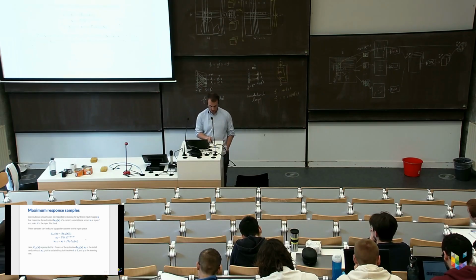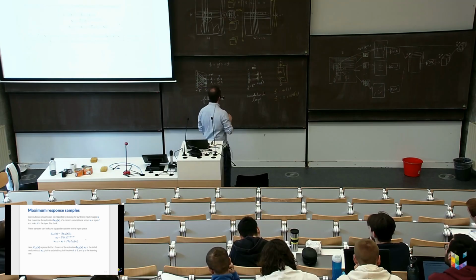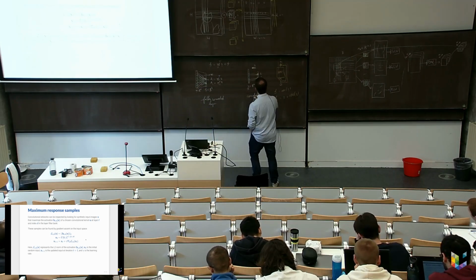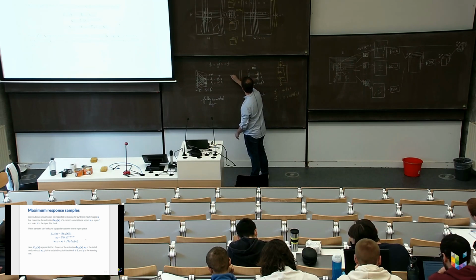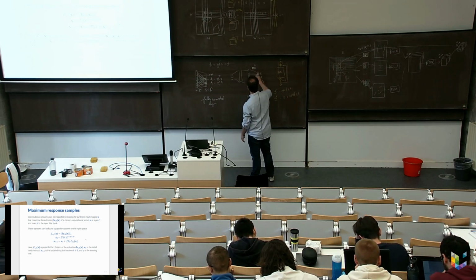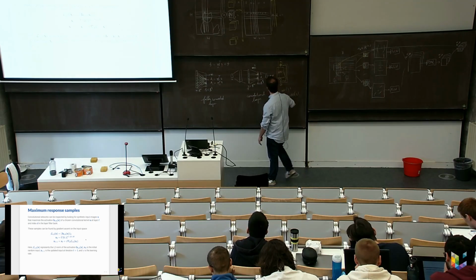Another way, which I find quite interesting, is to look at what we call maximum response samples. Imagine that this is part of a CNN, with input X, and it continues to produce some output.